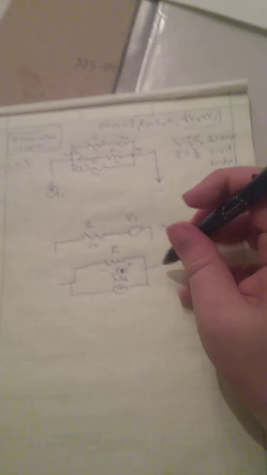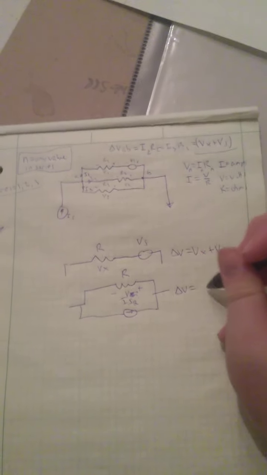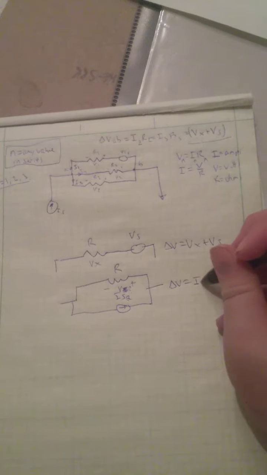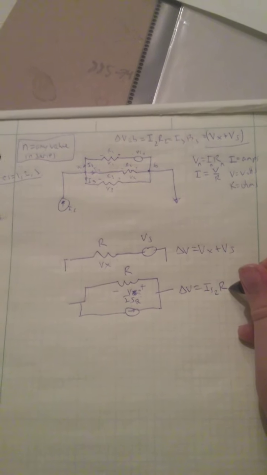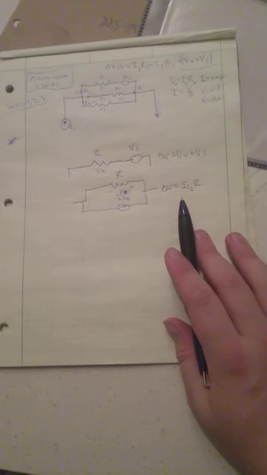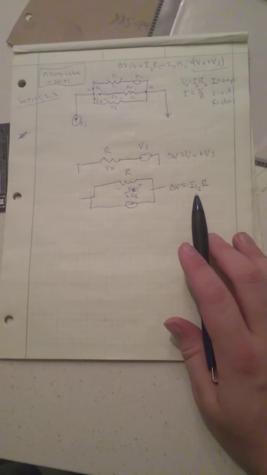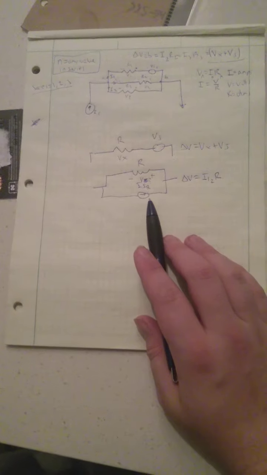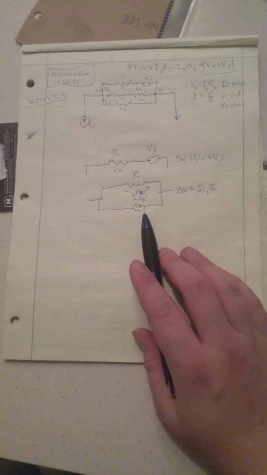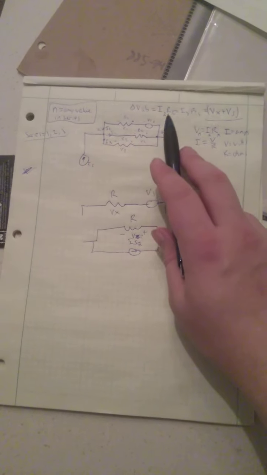So what this means is that V is IR. So in this case, delta V is just IS2 times R. We'll just keep it as R in this case, okay? So the contradiction here occurs when you realize that IS2, okay, what is I?